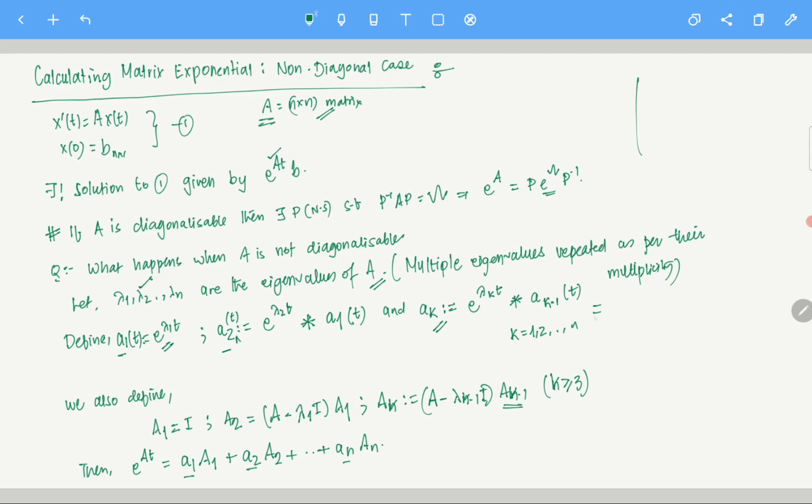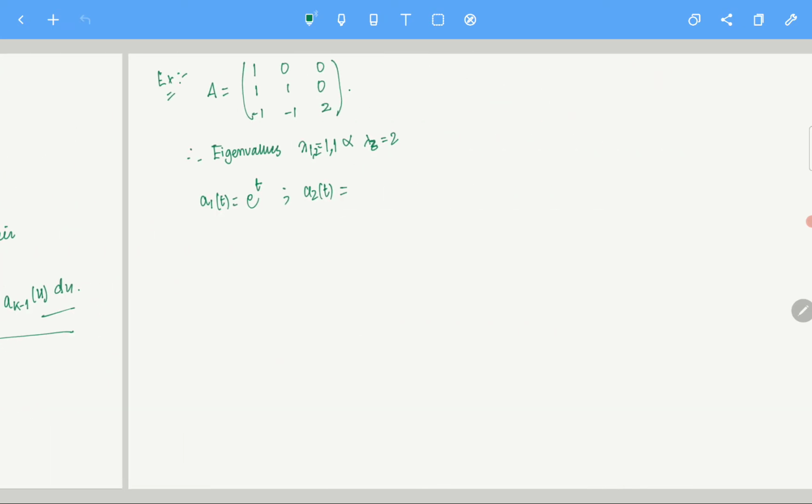It is the integral from 0 to t of e power lambda k times (t minus u), a_{k-1} of u du. That's the definition of convolution. I hope this is clear. This holds for k equals 1 to n, of course.